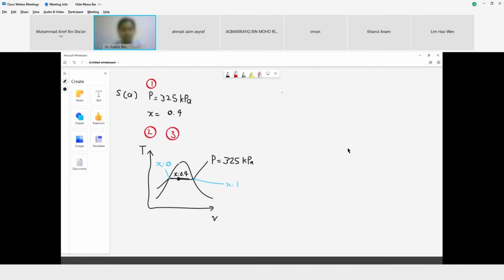And then for step number 4, solve the problem. So we have to determine what? If we look at our question, we have to find the temperature, and then the enthalpy, and the last one is the phase.